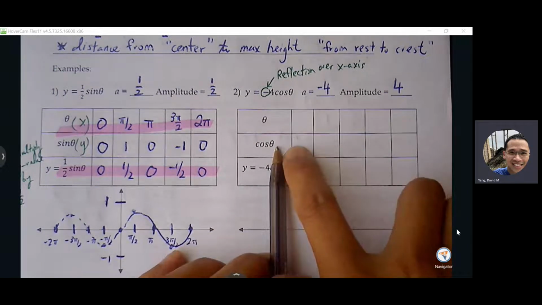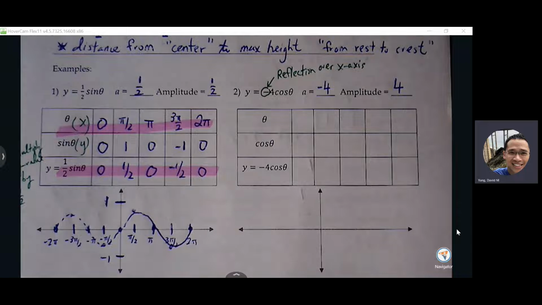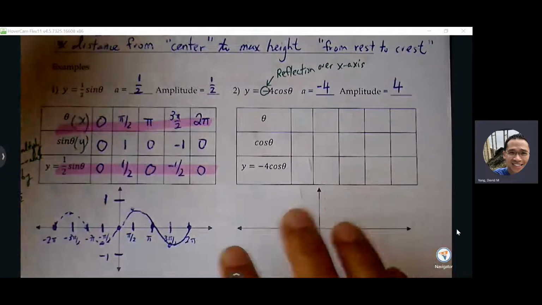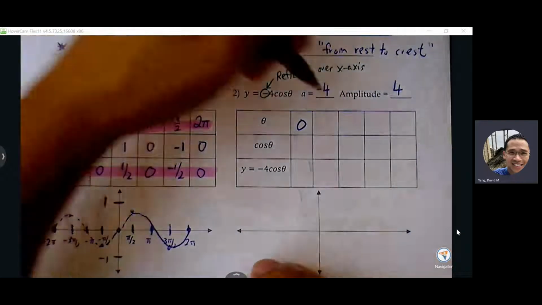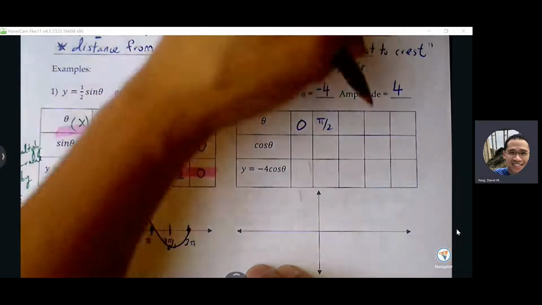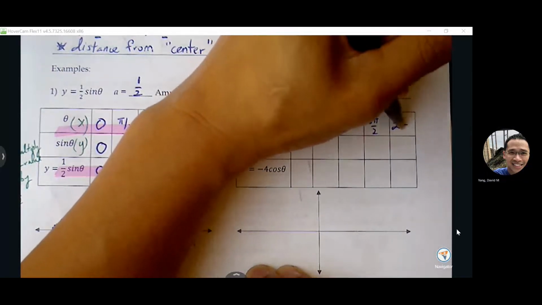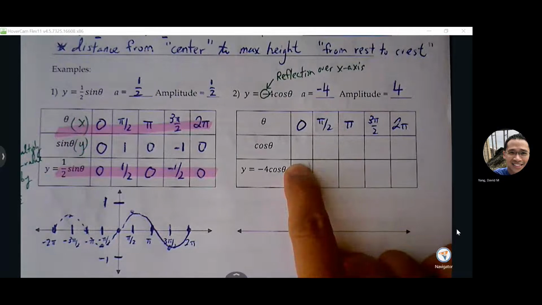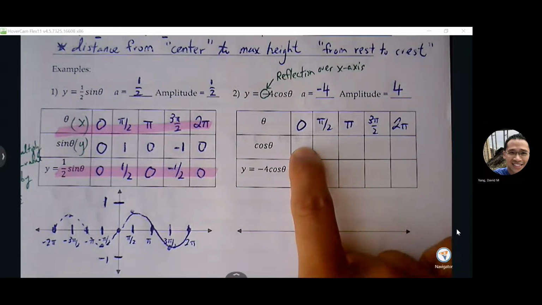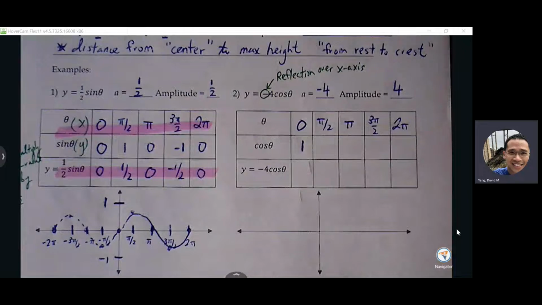So it's doing two things here. It's taking the cosine graph and reflecting it over the x-axis, but it's also stretching the graph so that from rest to crest, it's going to be 4 units from the center to the peak. Okay, let's copy down the original parent information. Okay, cosine starts where? 1, right? Starts at the peak.